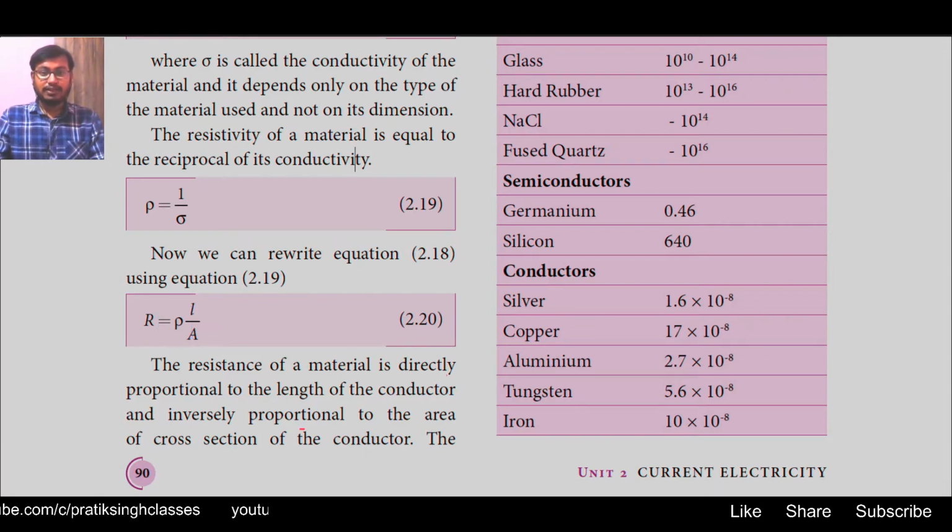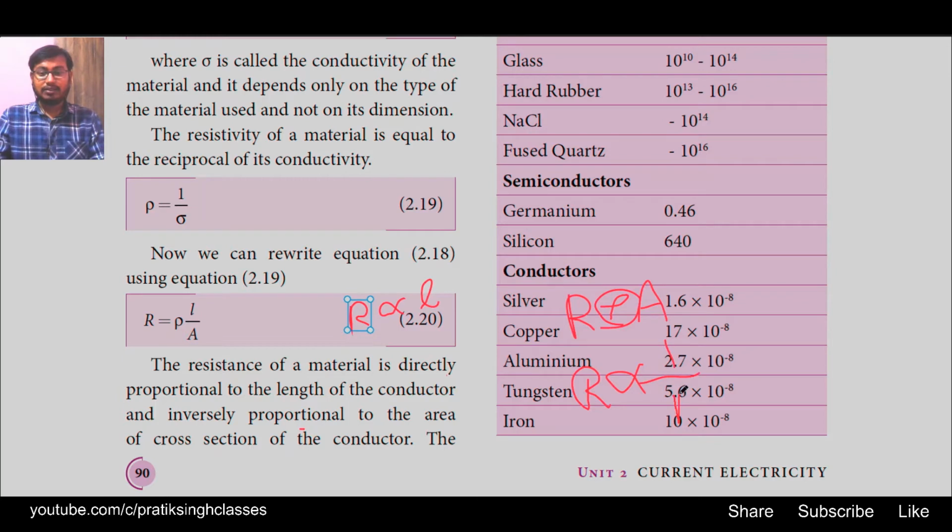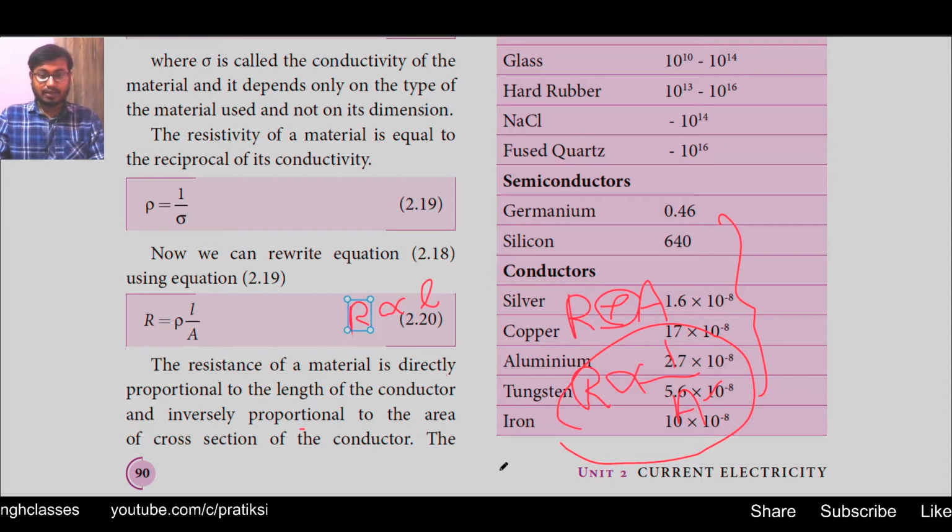So it will be written as R is directly proportional to the length of the given conducting material, and also resistance R is inversely proportional to the given cross sectional area A. You can also read this as R is directly proportional to 1/A. All these three terms mean the same.